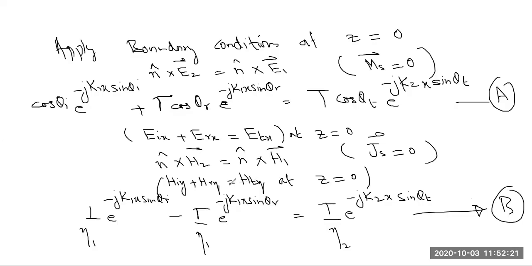Now, these two equations can be further simplified by making use of another important result. If you look at these two equations, there is one thing that should not be there, and that is this factor. You can see this factor is there with every term. What is the issue in this term? This term is telling us that this boundary condition depends on x.